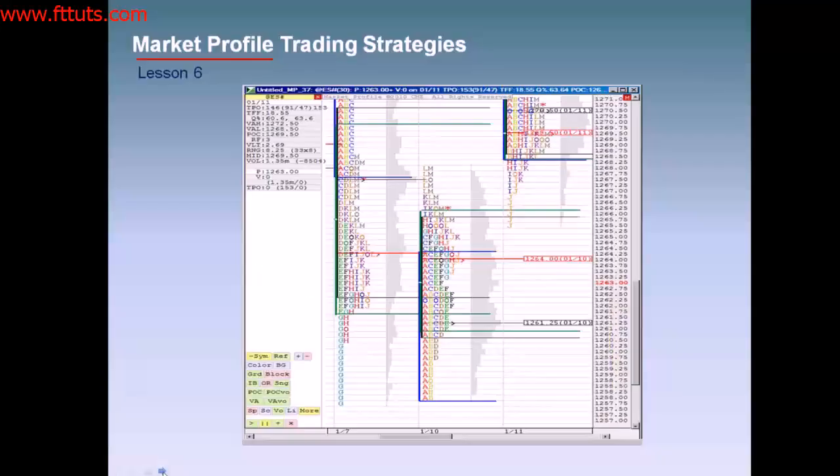All right, let's take a look at these three profiles for three consecutive days, and let's see if we can in fact identify the behavior of the longer-term trader on these profiles. First of all, let's take a look at this buying tail here in period G. The first thing that we notice is period G popped out of the value area.